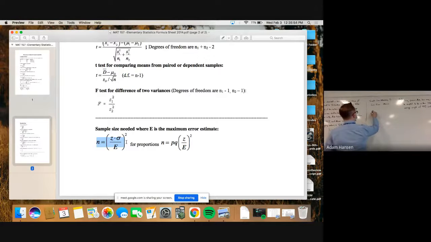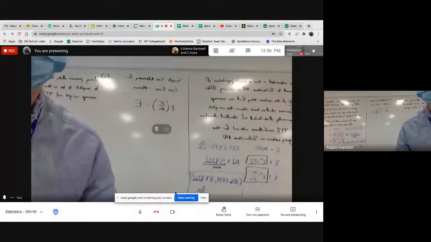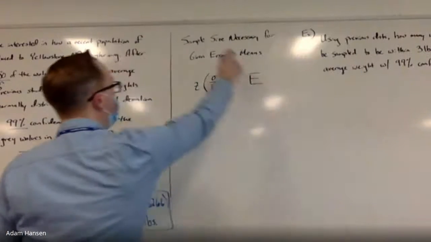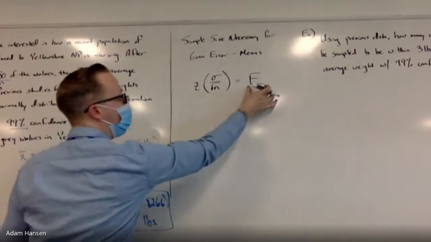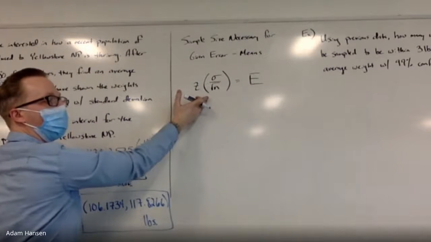I want our z-score times the sigma over root n sampling standard deviation to be no more than, or at most equal to, the allotted error. We're trying to find the sample size necessary to make this margin of error no bigger than our allotted error. Which variable do I have to solve for to find the sample size?